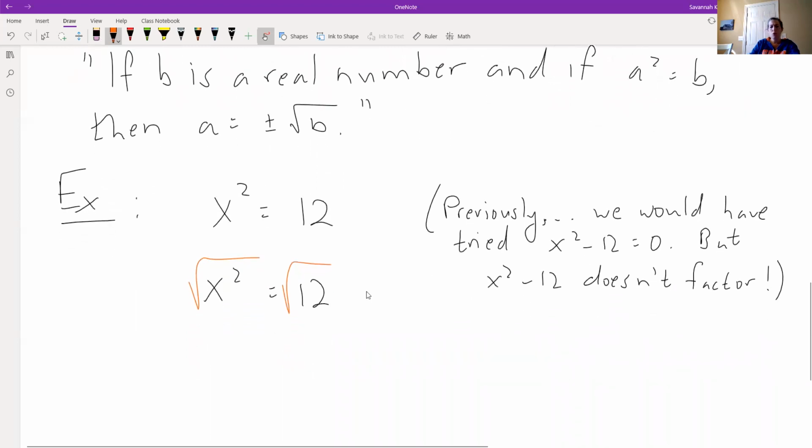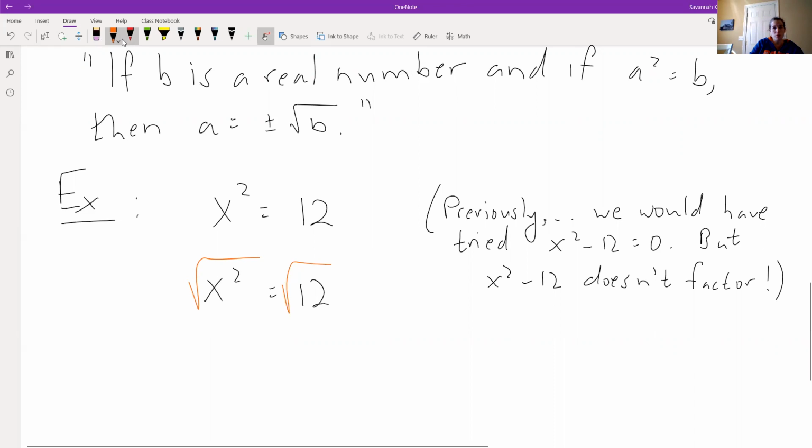So we are square rooting both sides. This is like the opposite of what we did at the end of chapter 8, where we had roots that we didn't like, so we squared both sides and got rid of the roots. Now we're bringing an equation with a square in it down to the square root level.